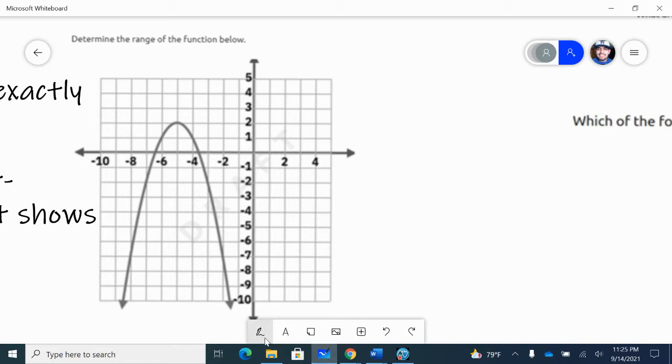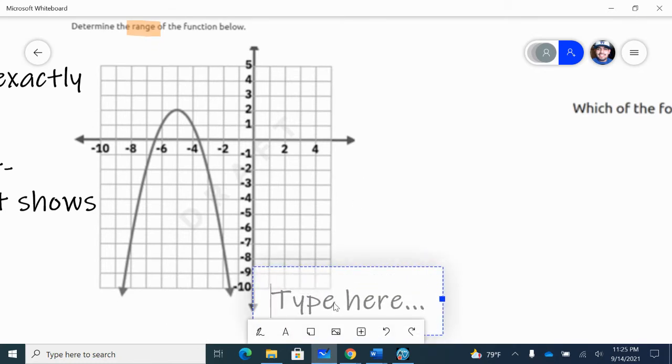Again, the key word here is range. So what is range? Range is the set of outputs, which is y.